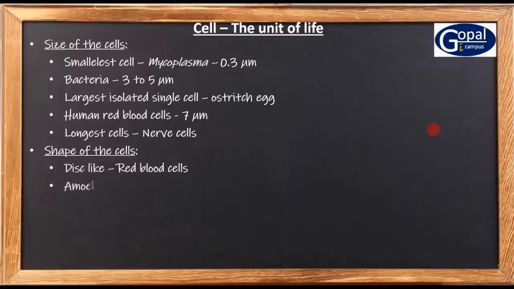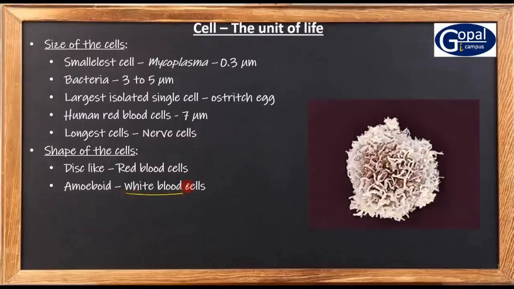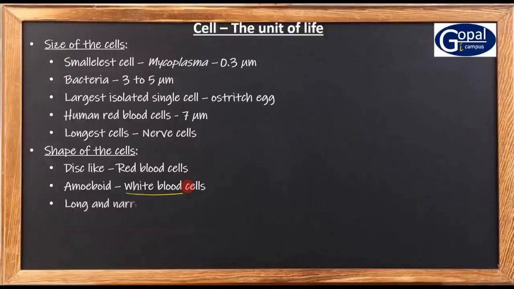And then there are cells which are amoeboid in shape. White blood cells are amoeboid in shape. This is the shape of a white blood cell. And the cells which are long and narrow are columnar epithelial cells.